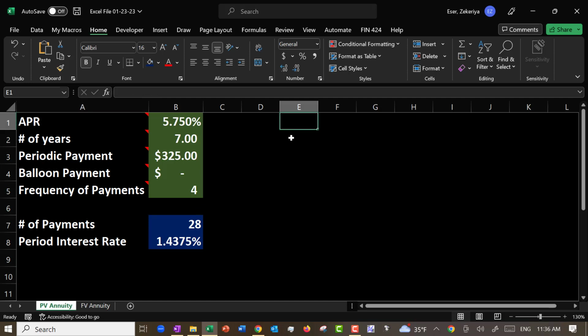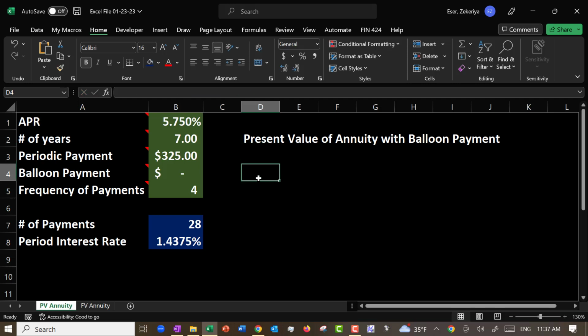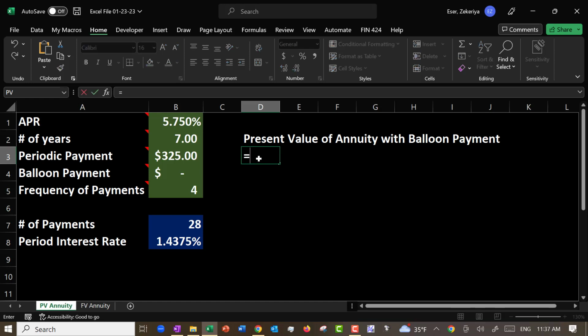Now, I'm going to carry it here actually. We know what the function is, it's PV, but if you don't remember the syntax, you can always go to this little FX button.